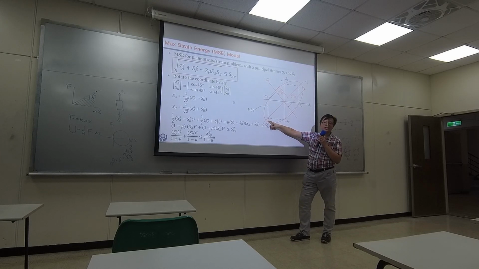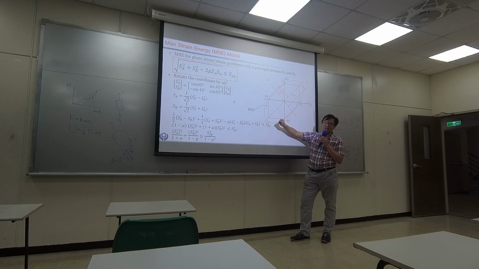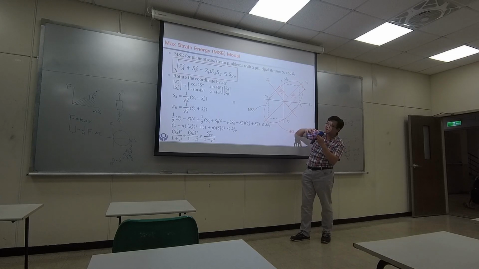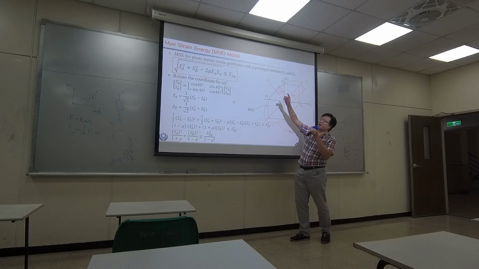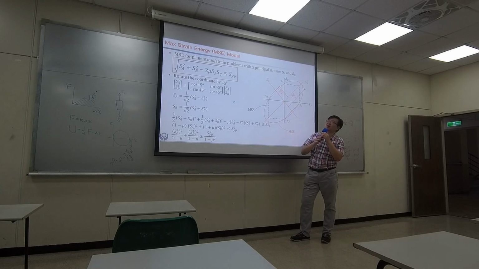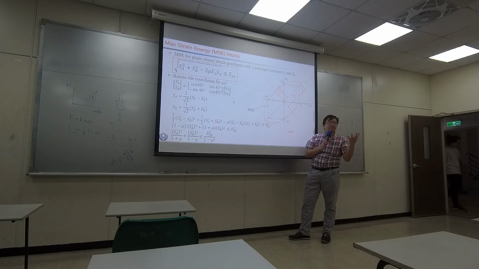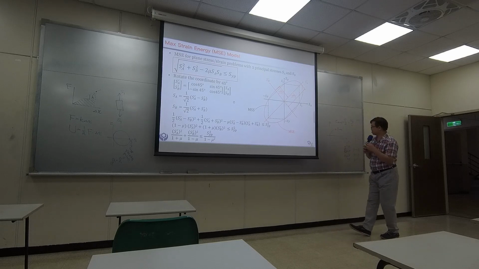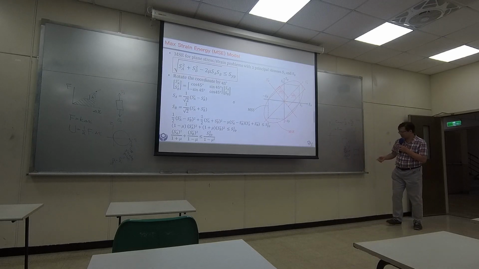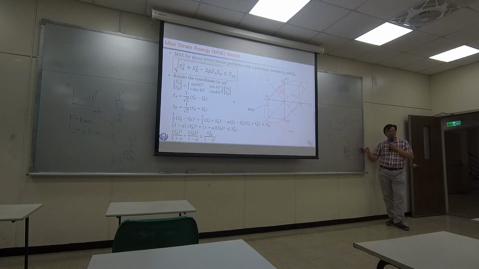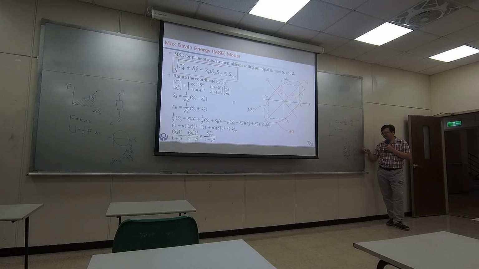So that will become the smallest elliptical design shape that you can have under the concept of maximum strain energy. However, that never happens, because in the real world, Poisson ratio is smaller than 0.5. It's usually a number within 0 and 0.5.